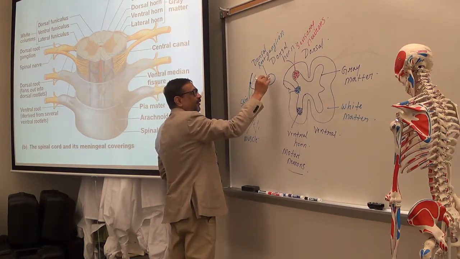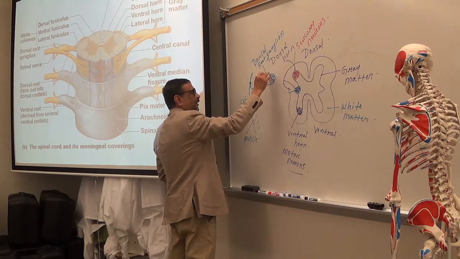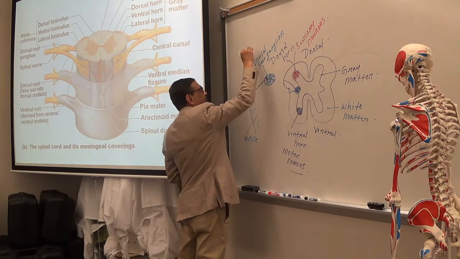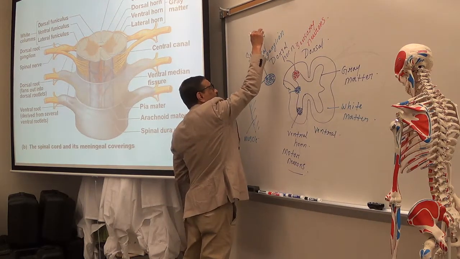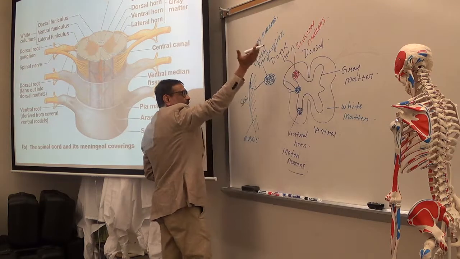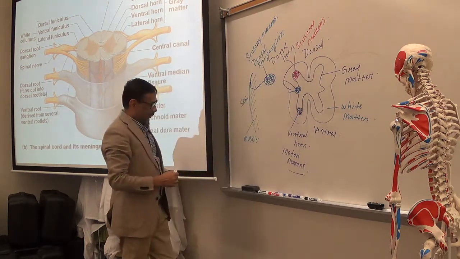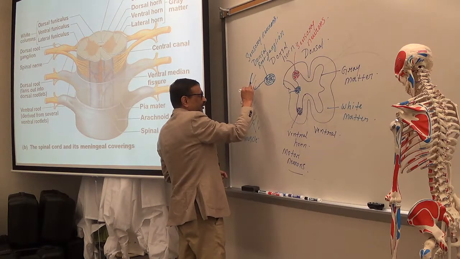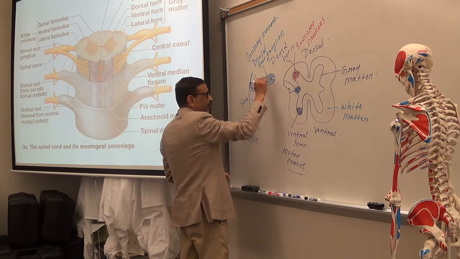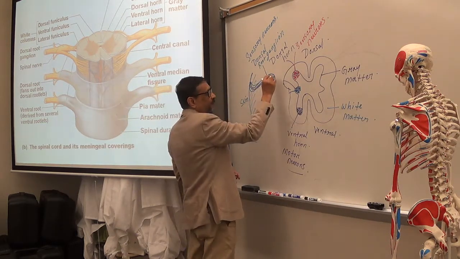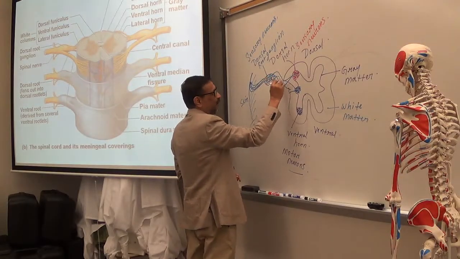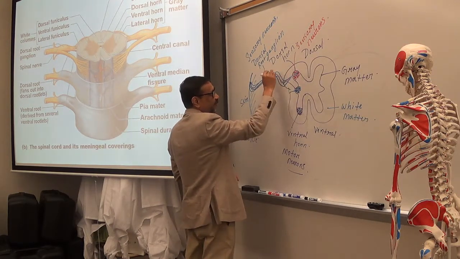And then the dorsal root ganglion is also filled with sensory neurons. Remember, everything in the back is sensory, right? These are sensory, these are sensory. So, from the skin, the signal will be sent to the dorsal root ganglion neurons. And then, from here, the signal will be sent to the dorsal horn. You have another set of sensory neurons here. Okay?